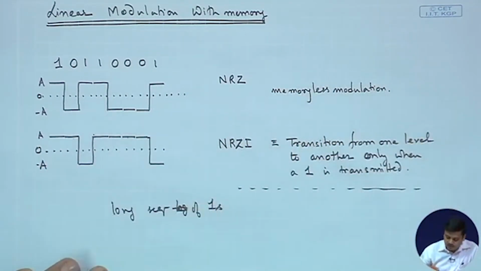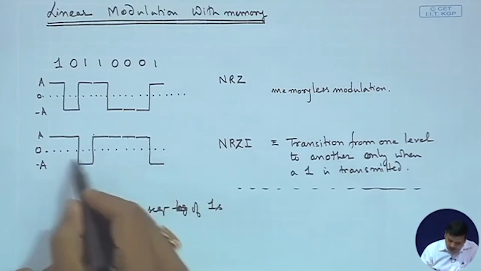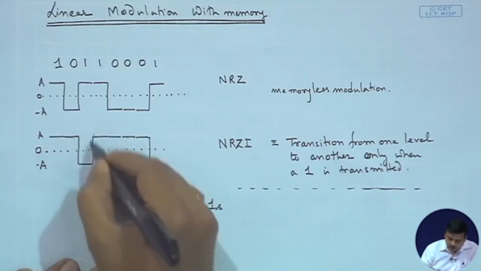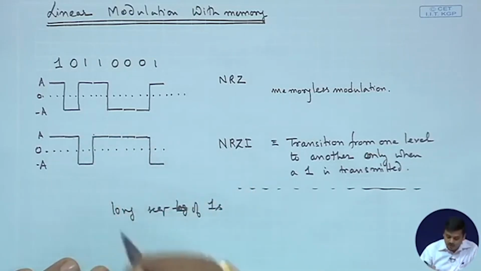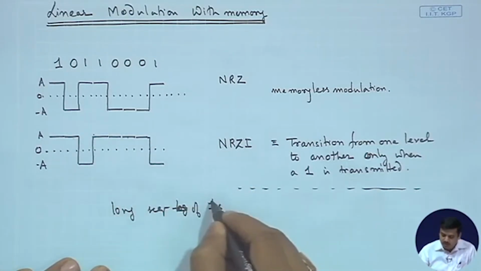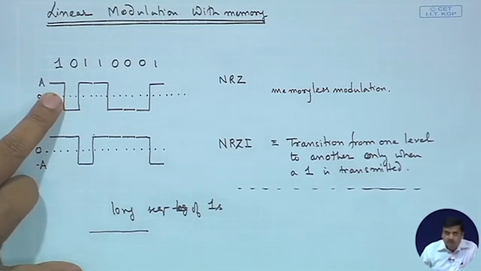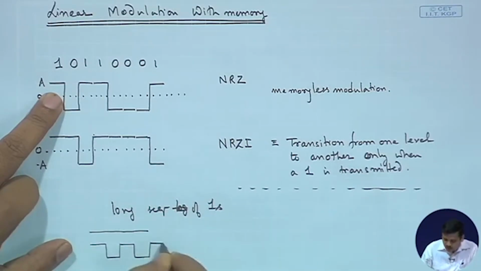There is no transition, whereas if you have NRZI or NRZ1, whenever there is a 1, if you have a long sequence of 1, you would experience continuous transition, right. So, that means the long sequences of 1 in this case would produce a continuous value of plus A, whereas in this case it would produce continuous shifting between these.